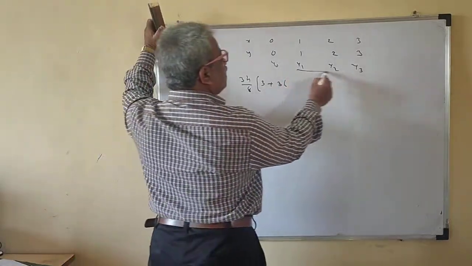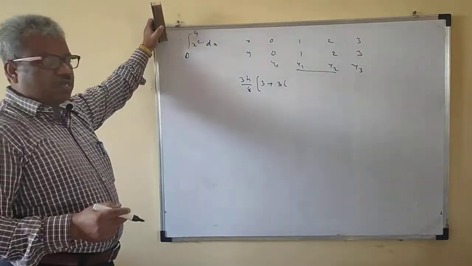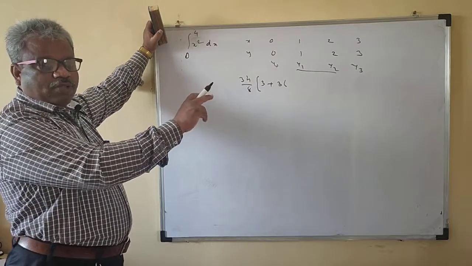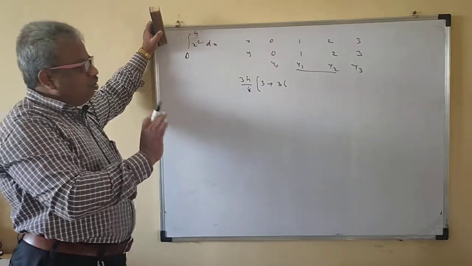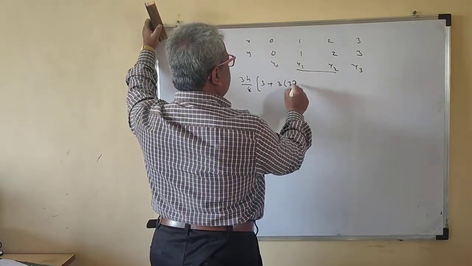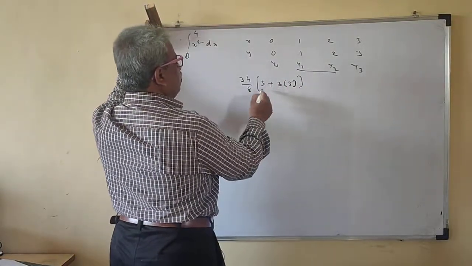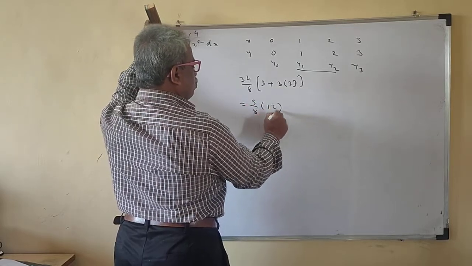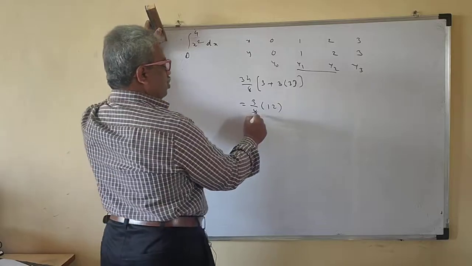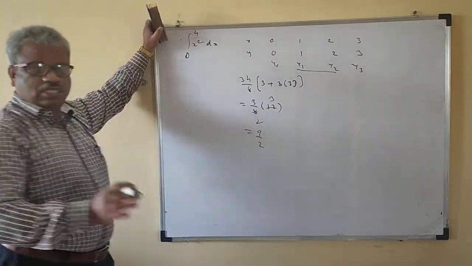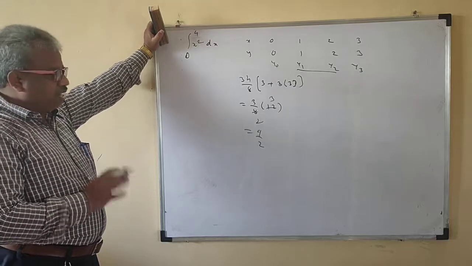There is only one suffix that is a multiple of 3, but that is the extreme, so we are not taking it in the formula. This is 3, this is 9, plus 3 is 12. H is 1. So this is 12, and again this is 9 by 2. By chance we get the value 9 by 2 also.